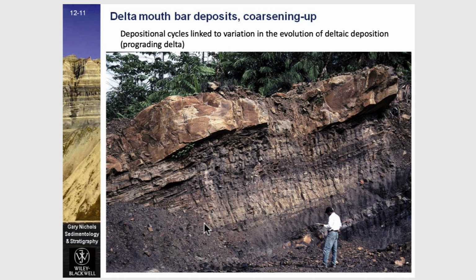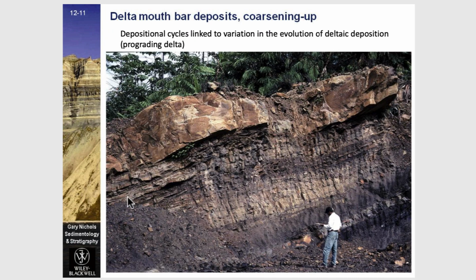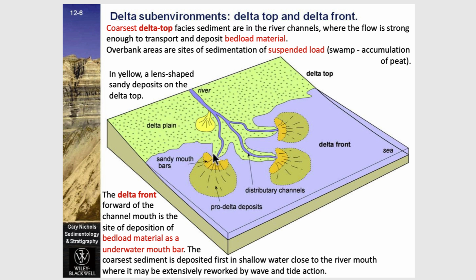So the delta in this case would be the pro-delta deposits which are found in the delta front, and in this case these are the type of sediments that represent that region. Then you move into this region, which is the sandy mud bars.